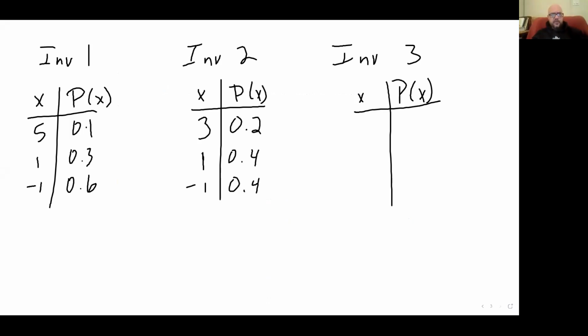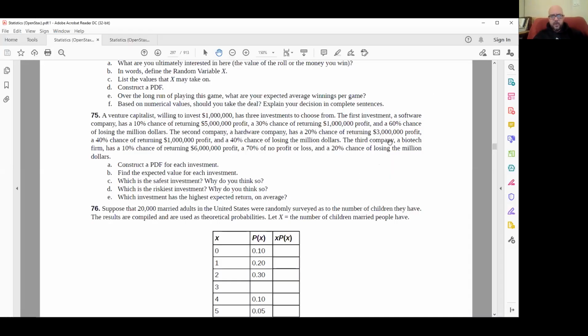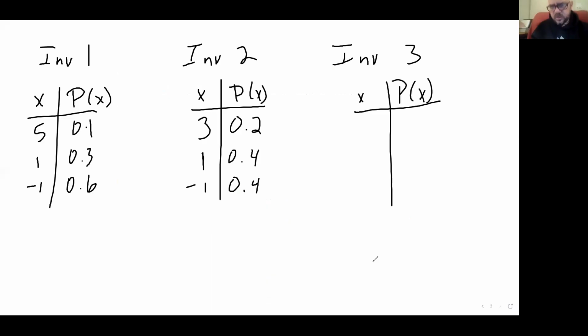And then the third company, the biotech firm, 10% chance. So we've got 10, 70, and 20. So we've got 6, 0, -1. All right, so still a positive investment. So we've got 6, 0, and -1.